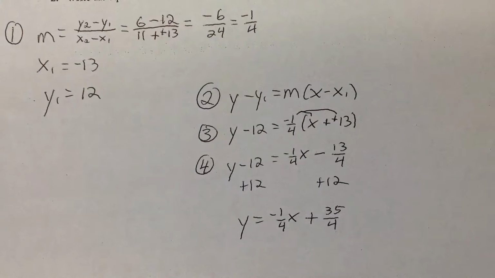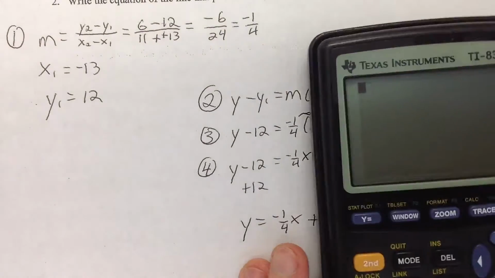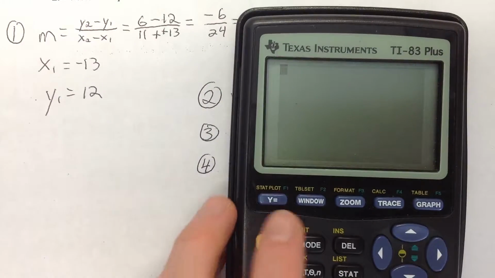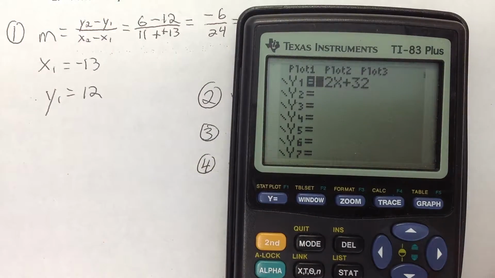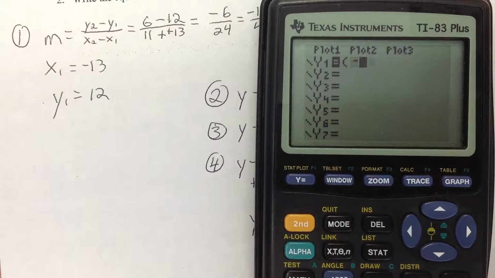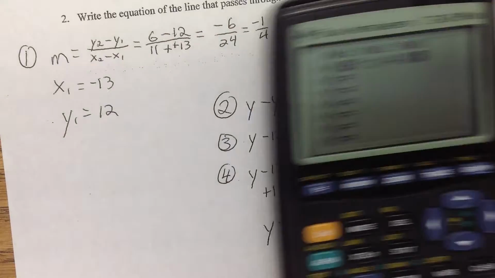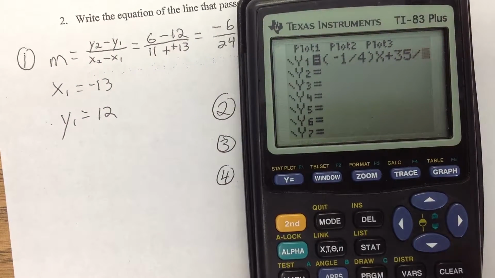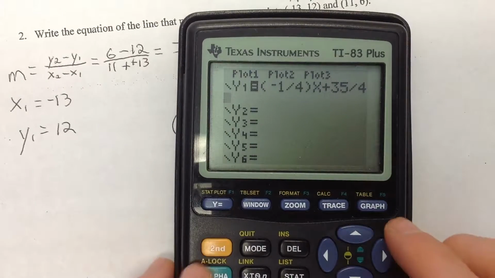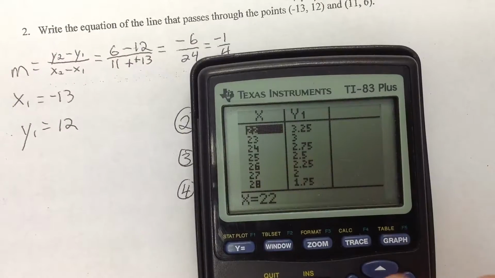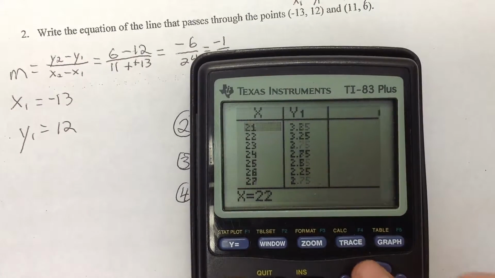But again, easy to check. We just bring in our calculator, we go to y equals, we'll type in negative 1/4 x plus 35/4. We'll go to second graph, and then we'll just look for both of these points.